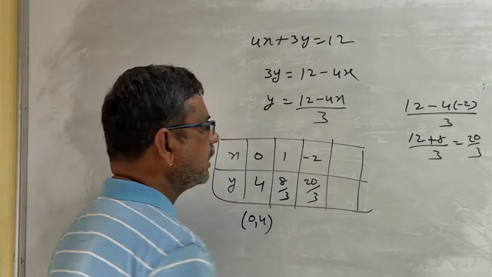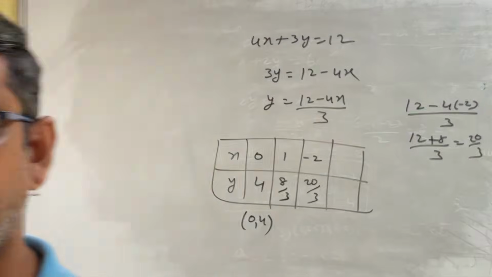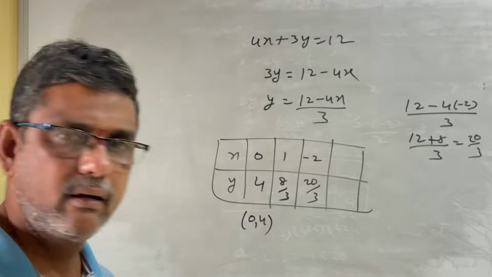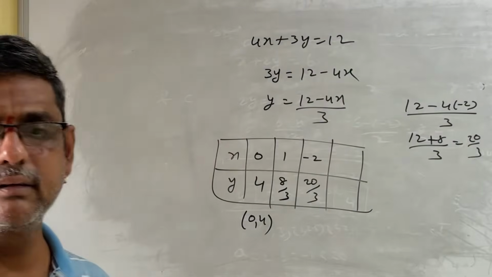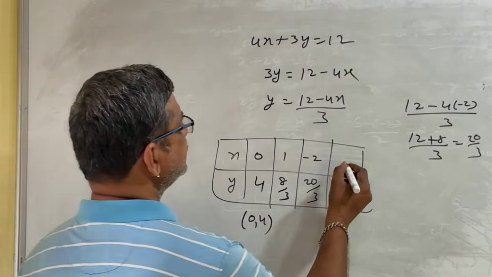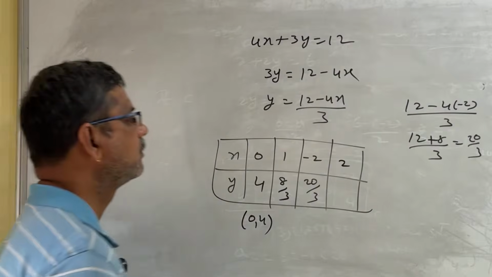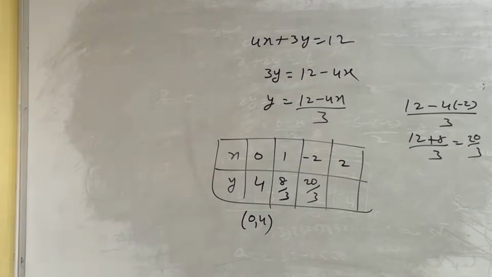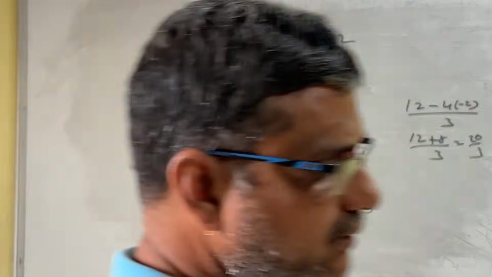It is 20 by 3. Next one. Keep x is equal to positive 2. Yeah, no problem. When you are doing the graph, you have to see the number is divisible by 3.